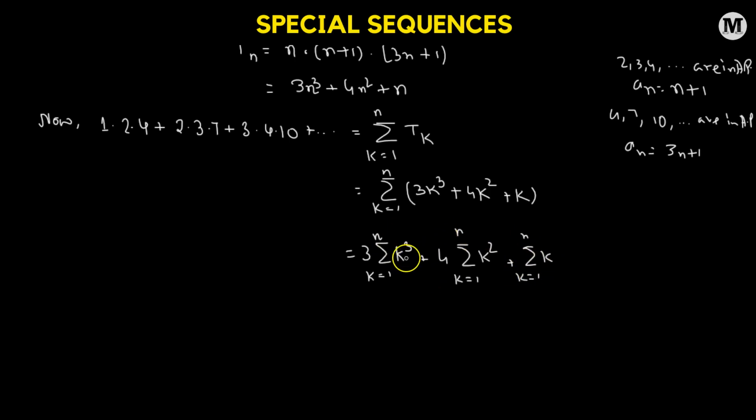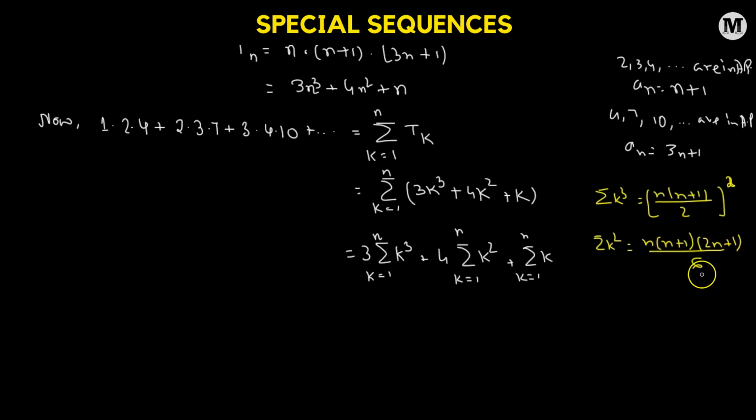Now we have a standard formula for each of the 3 sums. So here summation k cubed is given by n times n plus 1 divided by 2, and we square this value. Summation k squared is given by n times n plus 1 multiplied by 2n plus 1, whole divided by 6.